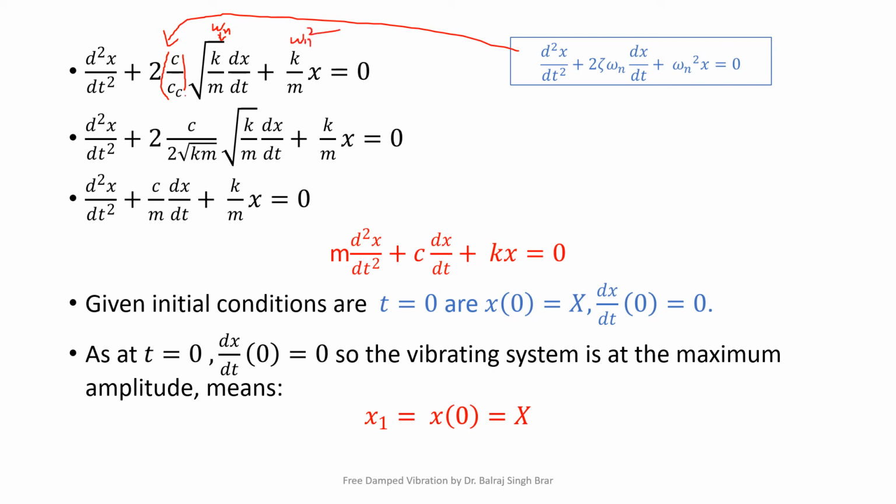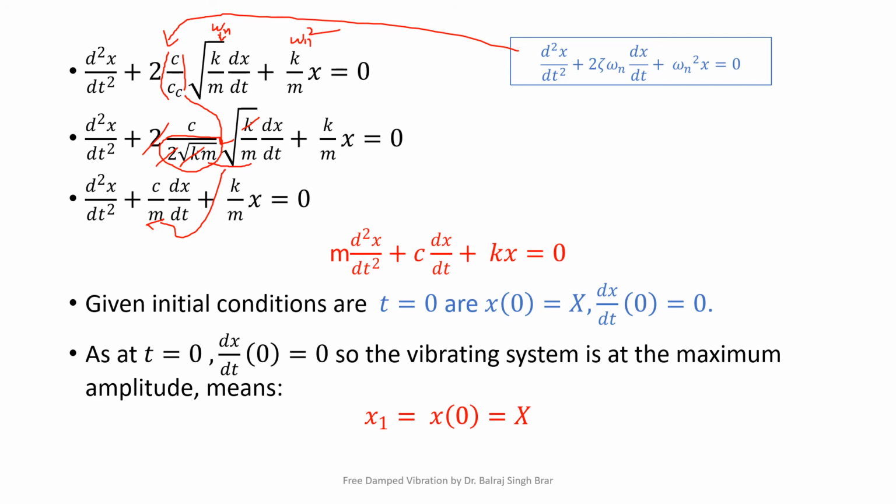Then we put value of Cc is equal to 2 times under root of Km, and on simplification 2's cancel out, under root k cancel out in the numerator and denominator, multiplication of under root m and under root m yields m, and k by m is as it is.